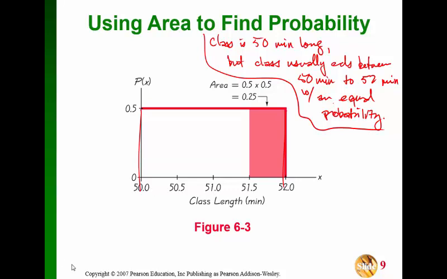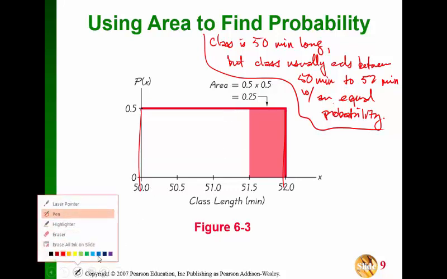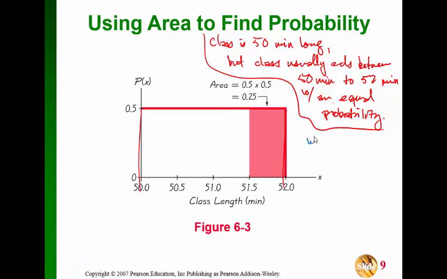So a question that they can ask you that would give you this answer would be, what is the probability that the class will end between 51.5 and 52 minutes?